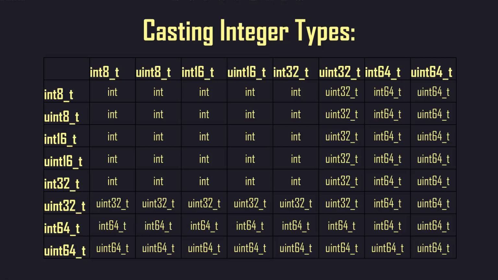So if I multiply a 32-bit integer with a 64-bit integer, the result will be a 64-bit integer. And when I multiply, add, or whatever, signed and unsigned types, the result will always be an unsigned type. So you should always remember these rules when you work with your integer data types.